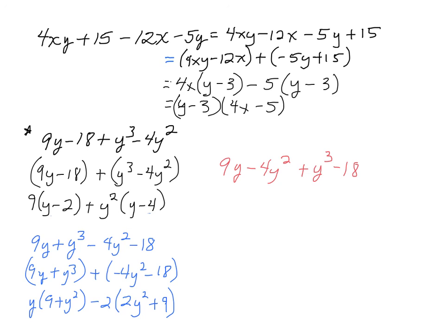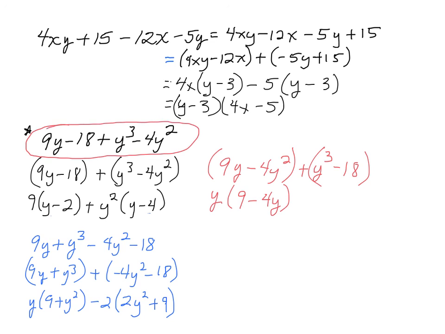I get the feeling this is not going to work. So what if I group it like this? The first two only have a y in common, so it leaves us 9 minus 4y. Oh, this is not going to work. The other one has nothing in common. So guess what? This particular expression cannot be factored by grouping.